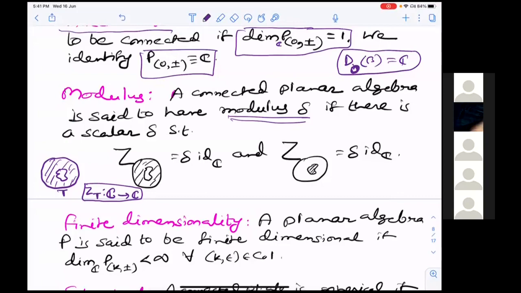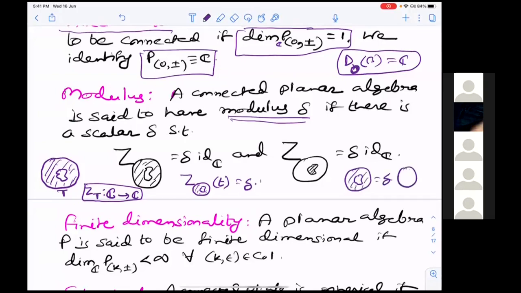That means Z of, suppose some T, if you put, it is nothing but delta times T. This is just saying that it does not matter if we remove the loop or not. This one is the same as delta times this. This is what the meaning is. You can remove the floating loops.